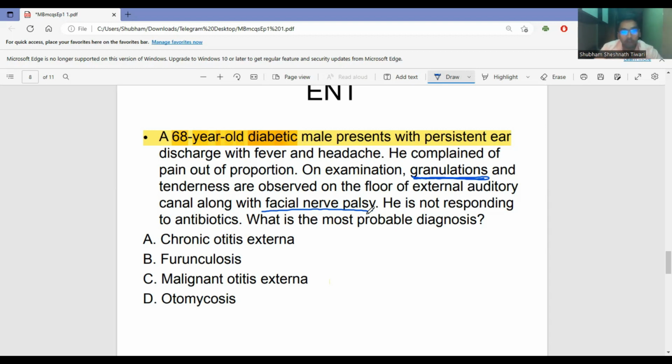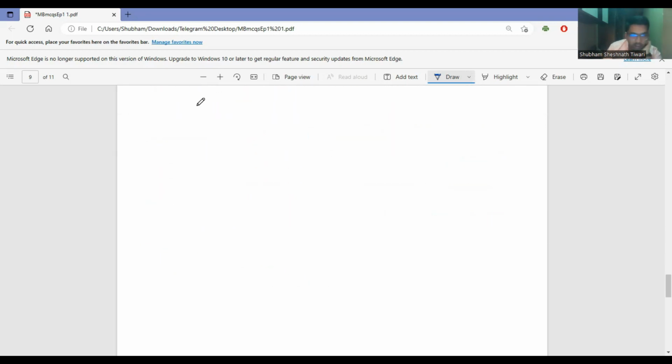So, as it's taught to us by our ENT legend, Dr. Rajiv Dhawan, whenever you come across a question of an elderly male or female, diabetic patient, and there is headache, fever, and granulations in the external auditory canal, your provisional diagnosis should be malignant otitis externa. So, provisional diagnosis here is malignant otitis externa.